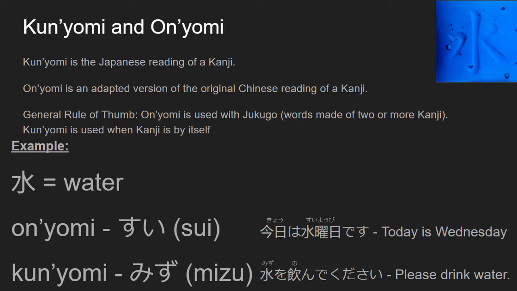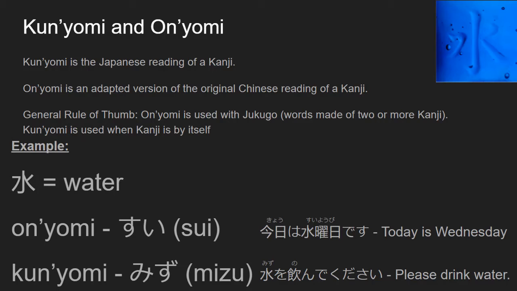The rule of thumb is that On'yomi is used with jukugo, which are words made up of two or more kanji. Kun'yomi is used when the kanji is by itself.